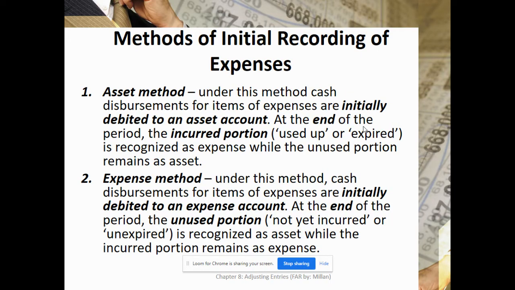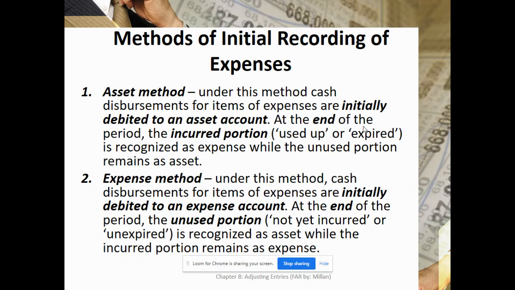Another one is the method for initial recording of expenses, asset method and expense method. So in asset method, cash disbursements for items of expenses are initially debited to an asset account. And at the end of the period, the incurred portion, or yun yung used up or expired portion, will be recognized as expense while the unused portion will remain as asset.